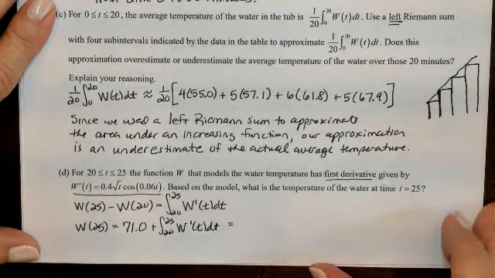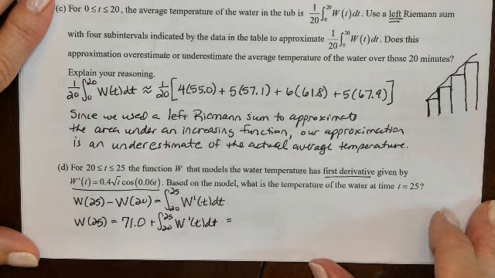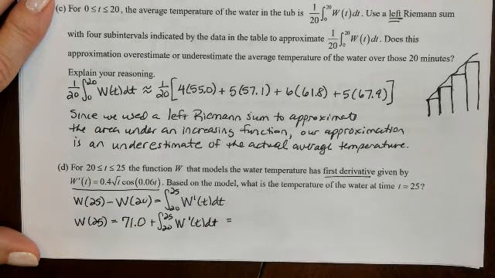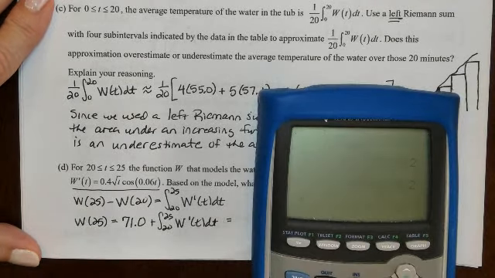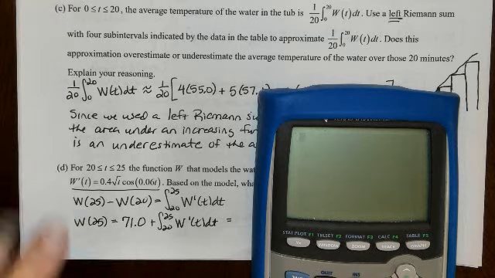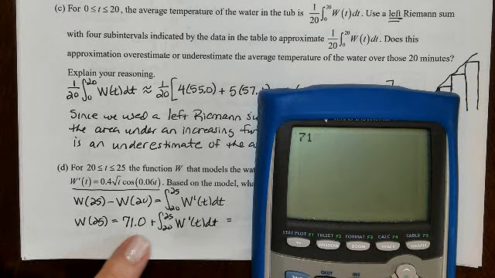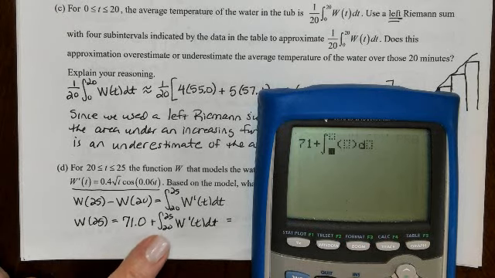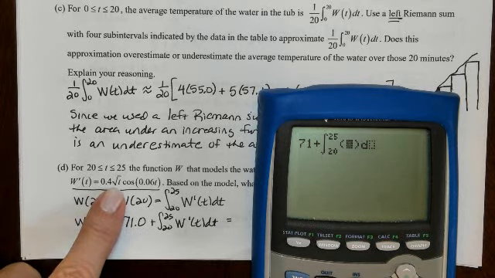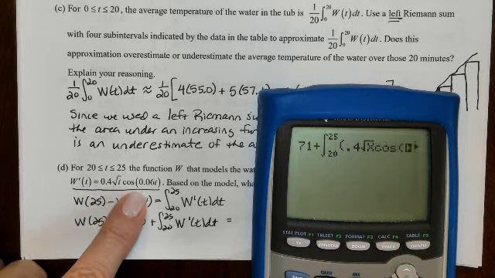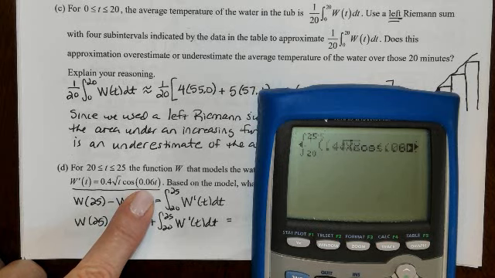And now for the first time in this whole problem, I'm going to use my calculator. I'm going to grab my calculator and type that in. So I have 71 plus the integral from 20 to 25 of W prime, 0.4 square root t cosine 0.06 t.